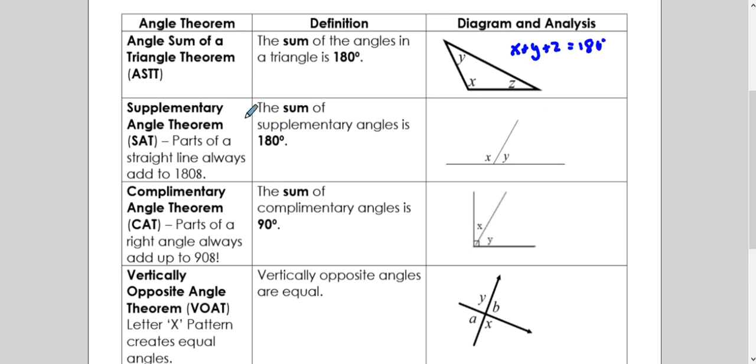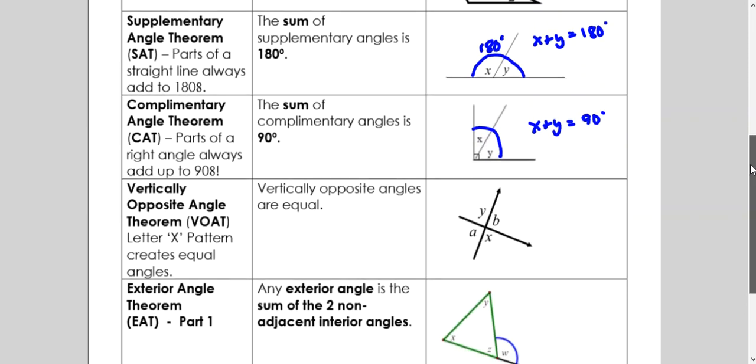In the last lesson we talked about supplementary angles. So think of it as a straight line. That's 180 as well. So x plus y equals 180. That's the idea of it. Complementary angles are angles that add up to 90. So I don't think those three are too bad.